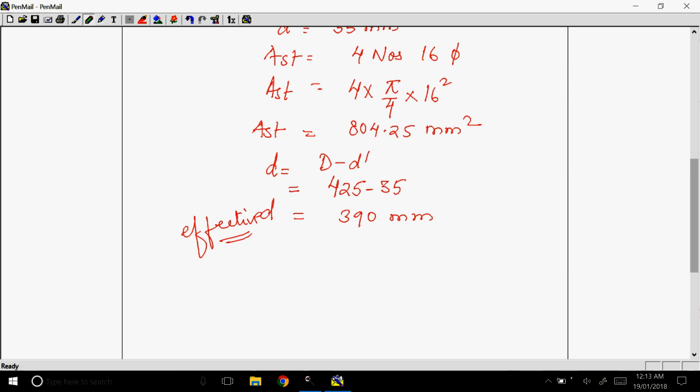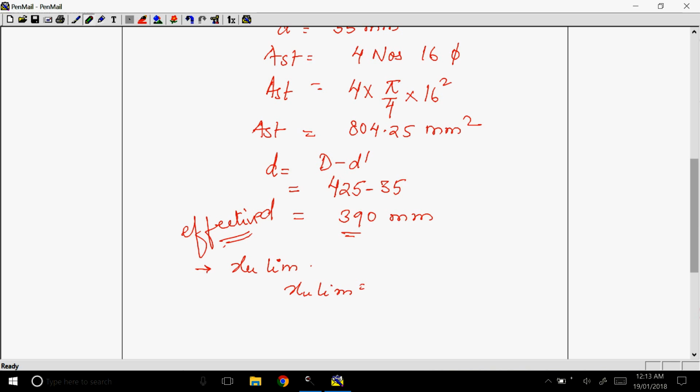Now we'll calculate Xu limiting. The formula for Xu limiting is equal to 0.53 d for Fe250. That is where this formula comes from.